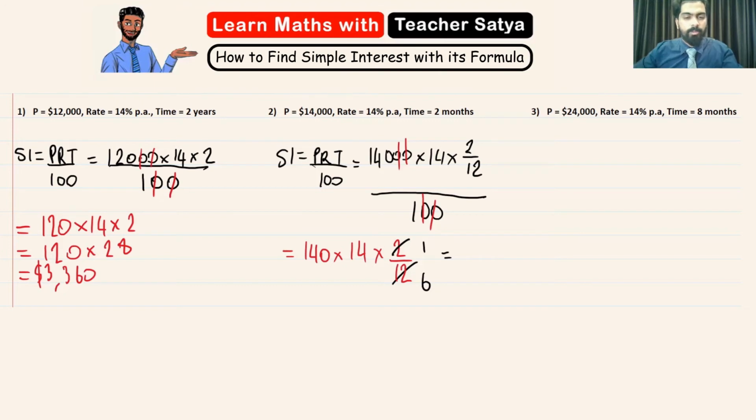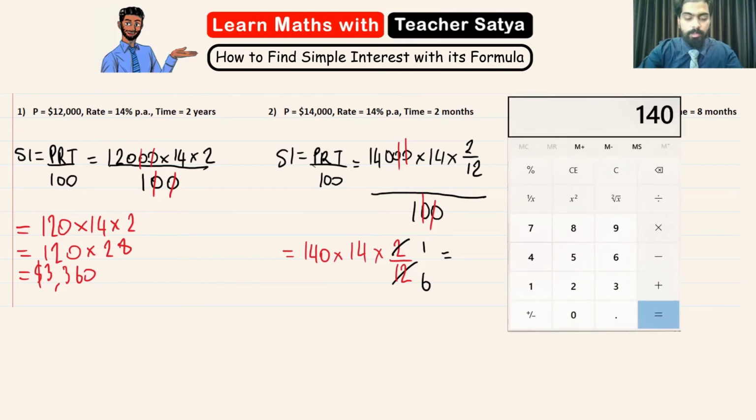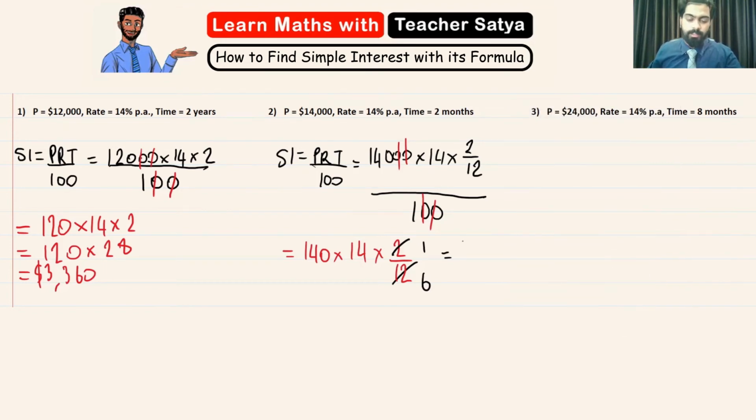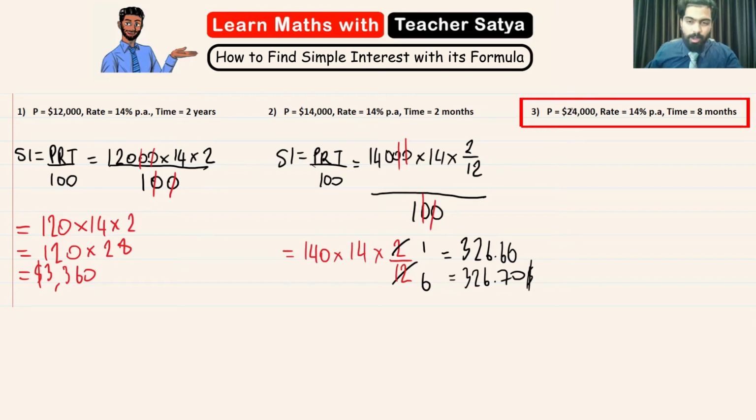Now, if we use the help of a calculator, 140 times 14 divided by 6 should give us 326.66. So 326.66, or we can also round it up to $326.70. All right, guys, $70. Now let's go ahead and solve one more question.